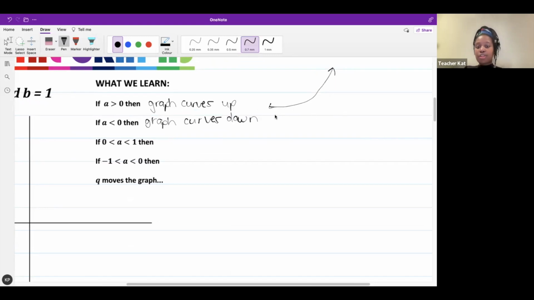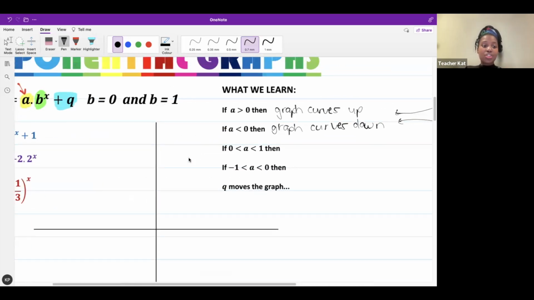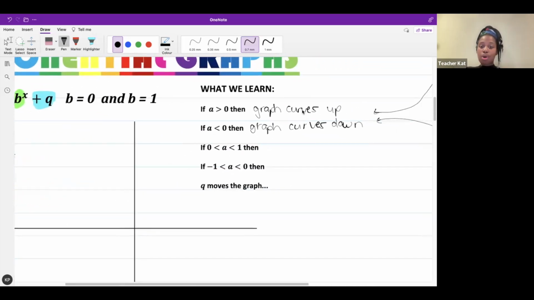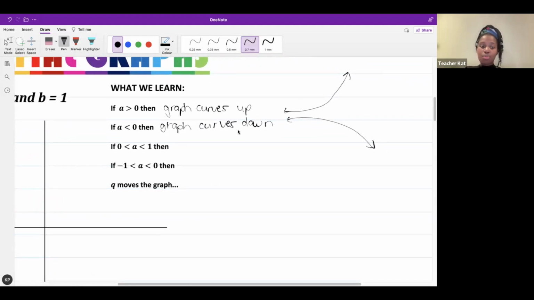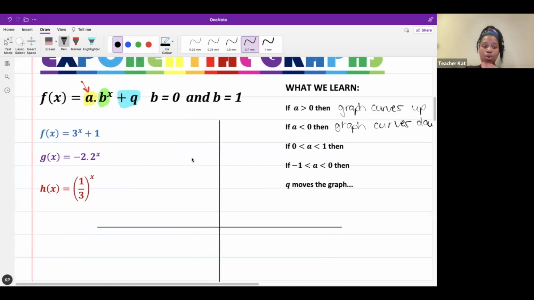And then a graph curving downwards would be something like so. So depending on what your a is, remember we are sketching these graphs, not plotting points and drawing them. So you need to know, depending on which a you get, then you need to draw it correctly. Now let's start with those two only.